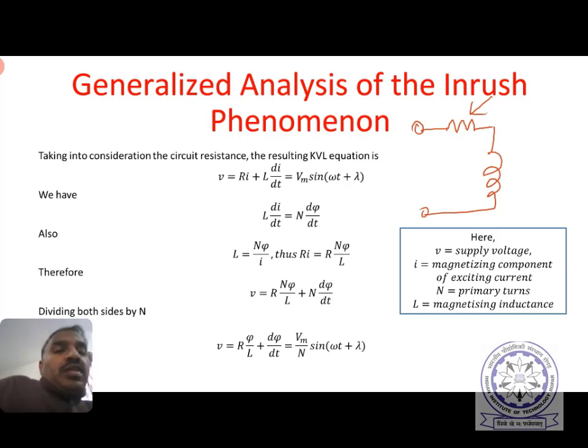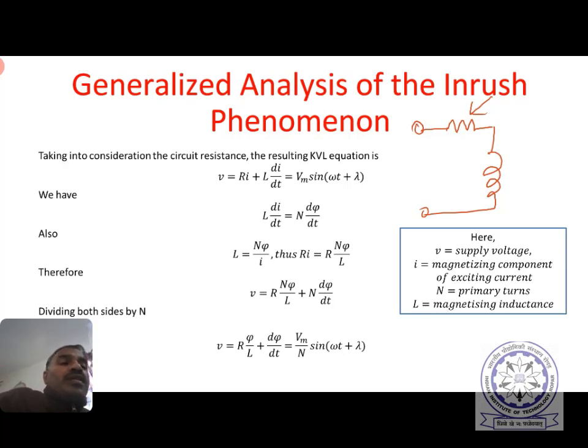This is an approximate analysis. An equivalent circuit can be imagined for the inrush current phenomenon. Inrush current will have some loss in the winding also. Core loss will be there, meaning hysteresis loss and eddy current loss will be there during that time.